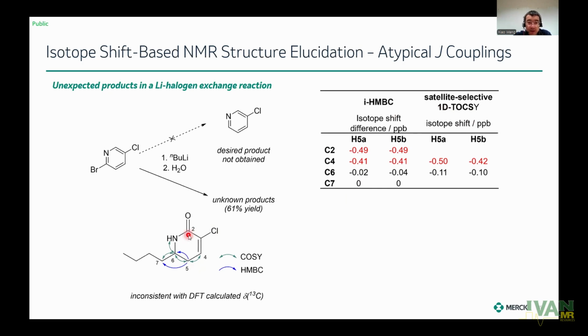Because C2 is a quaternary carbon, the 1D TOCSY could not get the isotope shift information there. But on the other side, what you get from 1D TOCSY is the absolute isotope shift.